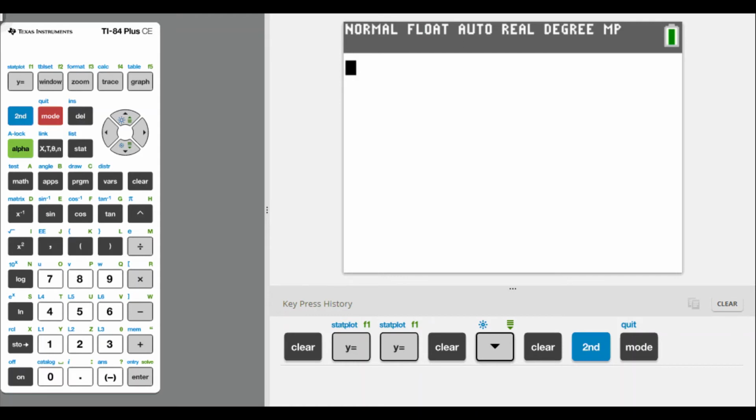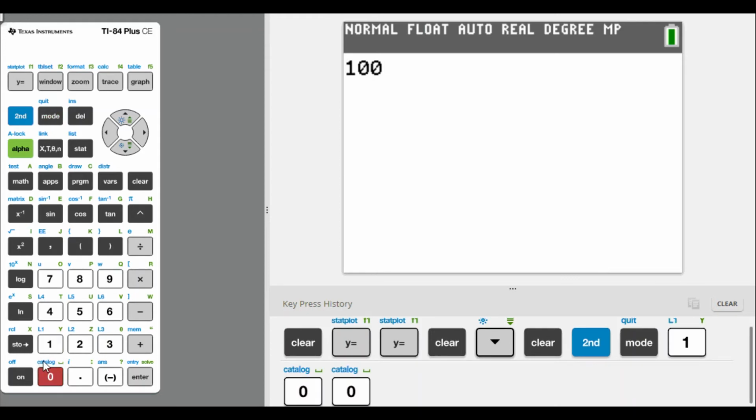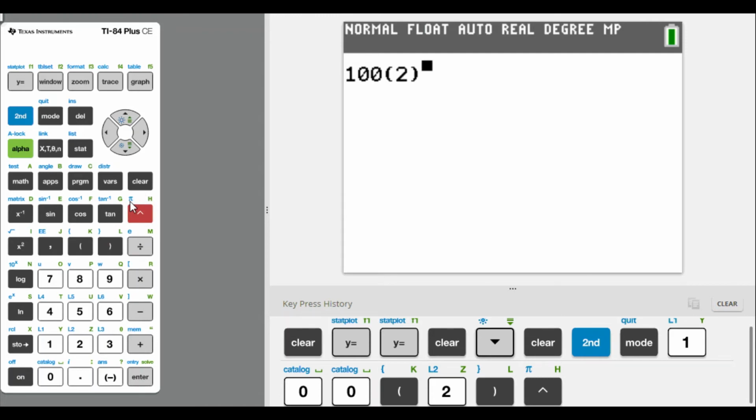And so let's type in what we have. We had 100 as our starting value. And from there, we're going to double that. So base is 2, so 2. We're going to raise this to, in this case, we said there was 8 days, times 24.